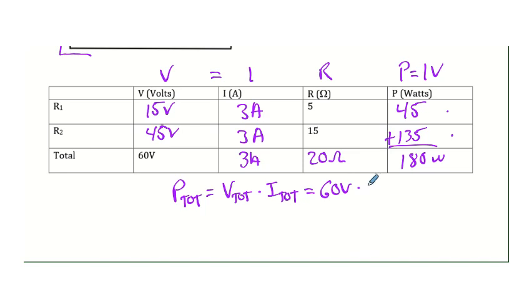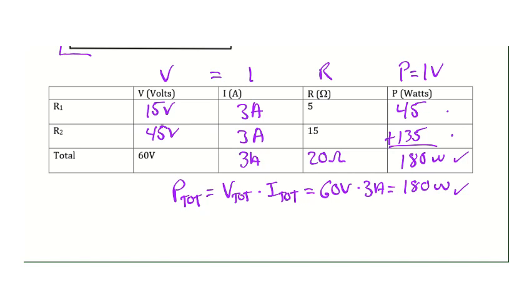Our current total was 3. And 60 times 3 is 180 watts. So you can see that we get 180 watts when we multiply, and we get 180 watts when we add. So this circuit and the work that we did does in fact pass the power check. So that indicates that we have completed this VERP chart correctly.